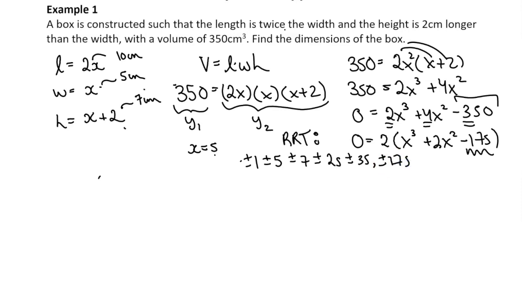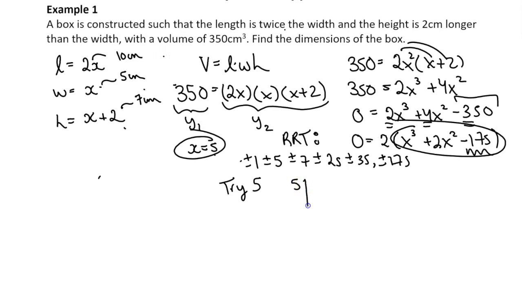And you'd have to say, well, of these rational root options, I need to test and see if any of those would potentially work for what we have right there. Now, because we've already done this by using our graphing calculator, we know that x equals 5 works. So let's try 5 as a factor. And we're going to try it as a factor for this x cubed plus 2x squared minus 175.